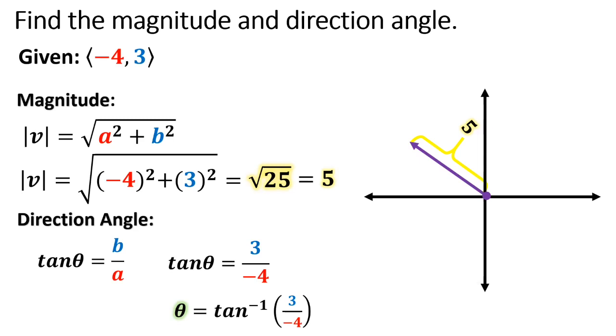If you are tangent inverse, tan, A is in the middle, that is a SAM-IAM function. So when you use your calculator, you know the calculator is only going to give you an angle measure in quadrants 1 or 4. But clearly the angle to get over to this purple vector is going to be outside of quadrants 1 or 4.